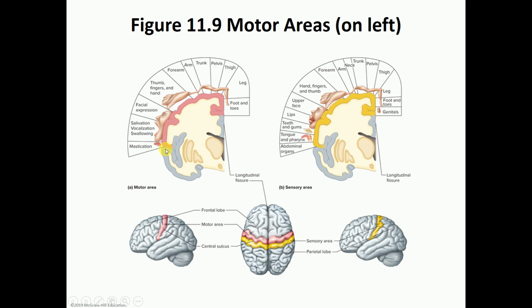A couple of things I want to direct your attention to: you can see here that our hands and the face have a very big area of representation for all of the facial expressions, for all of the movements that we do, especially the fine movements of the hand. You can even see that same representation applies when it comes to sensory areas, because this is where we do a lot of sensing using the hands and the face.